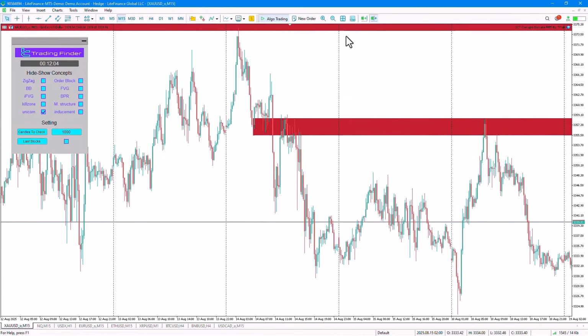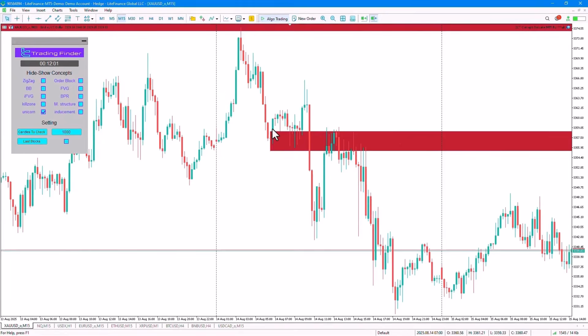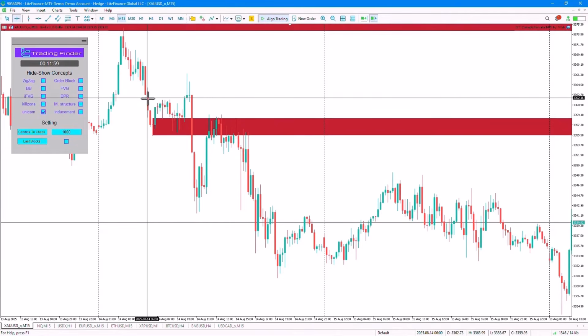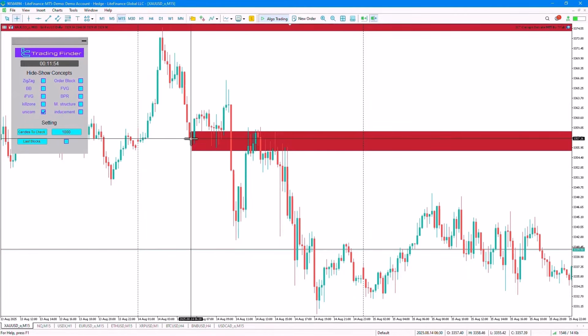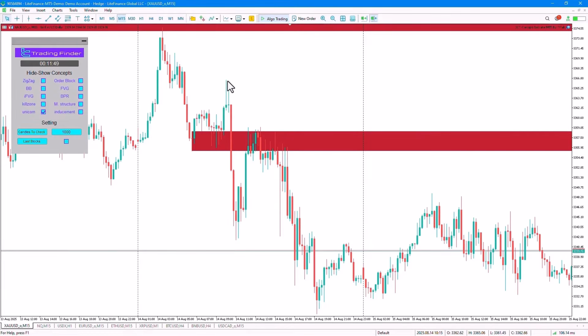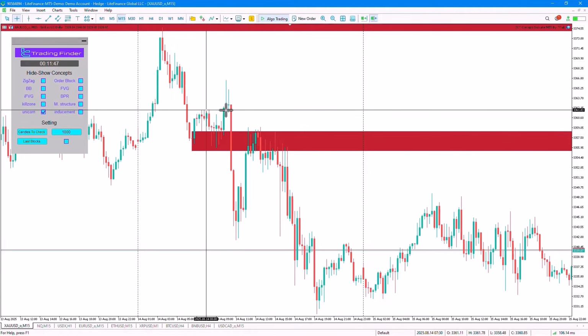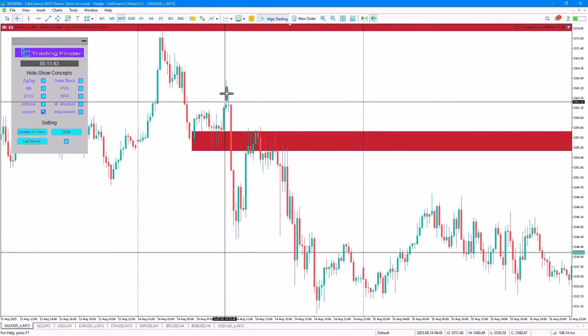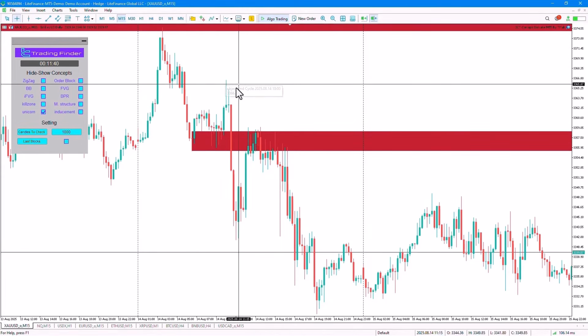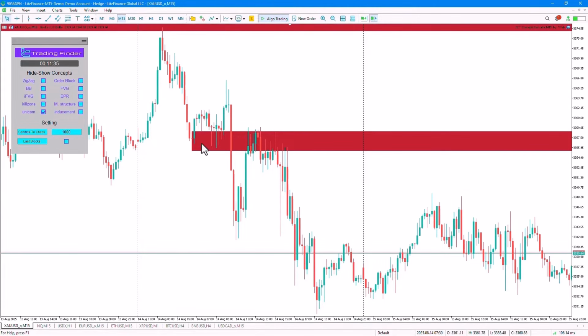To better understand, here is an example where we see the price has moved upwards. An order block zone was formed here. The price made its move upwards. It collected the liquidity in this area. A higher high was formed here compared to the previous high, then it moved downwards and at this point broke through the order block zone.